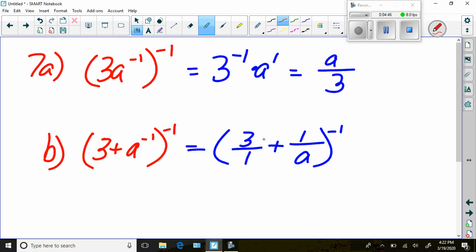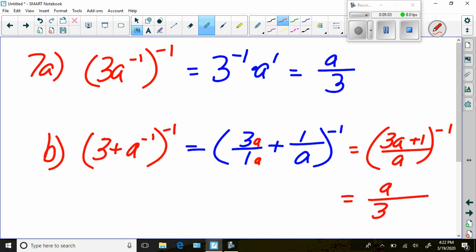So I'll multiply this copy here by a and a. So then this is going to just be 3a plus 1 over a to the -1. So then that's going to be 2a over 3a plus 1, and you cannot simplify that.